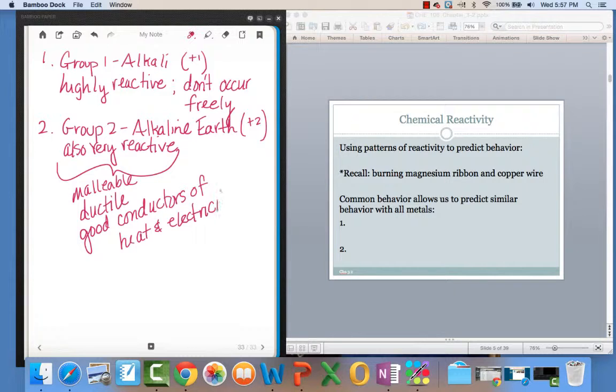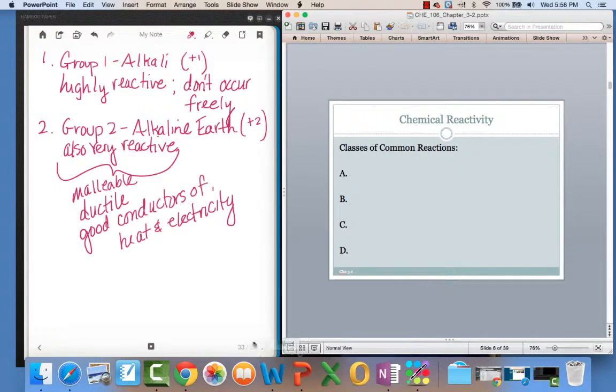Remember, because they are in the same group, all group 1 metals behave very similarly when they react with other elements, and all group 2 elements will react very similarly when reacting with other elements. Let's talk about some common reactions.